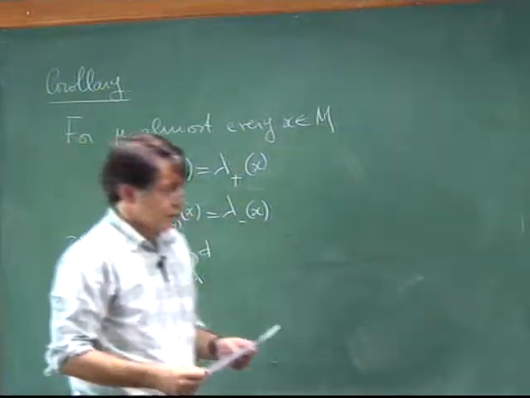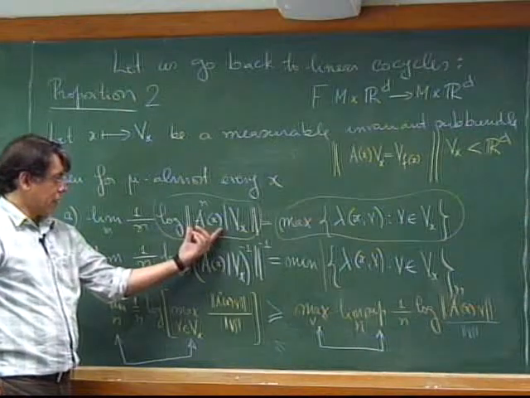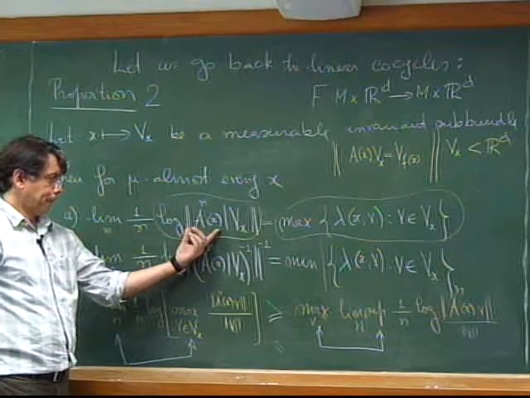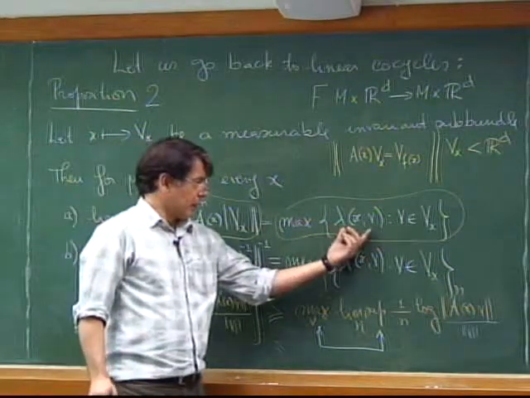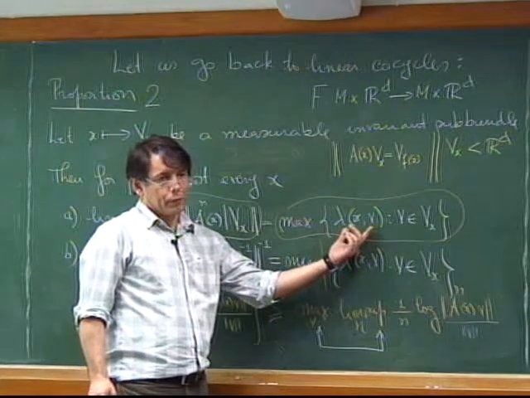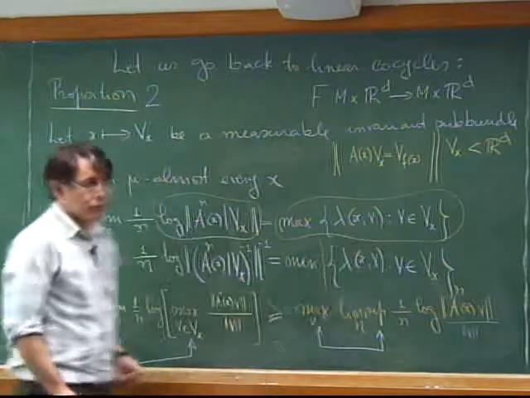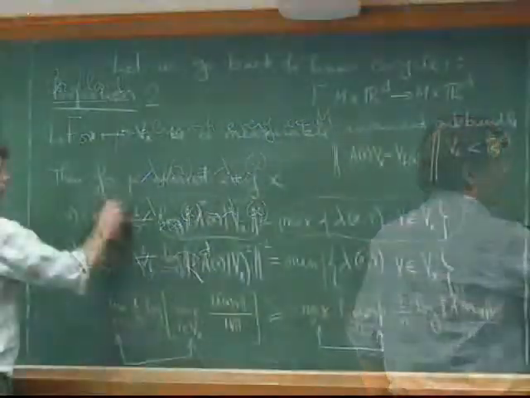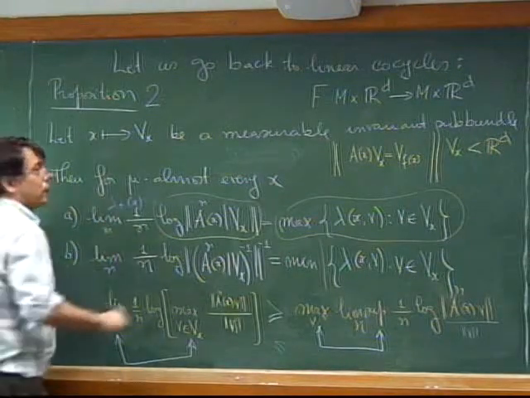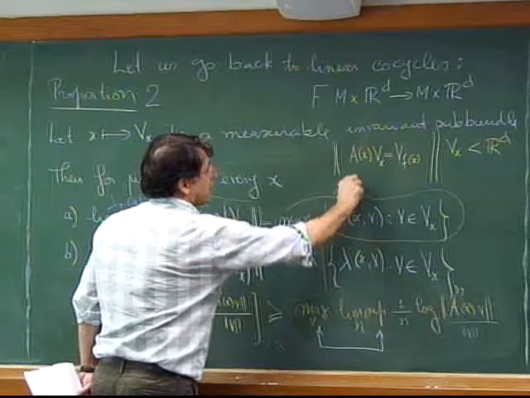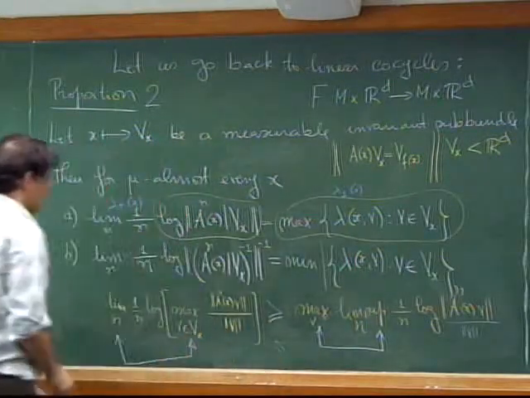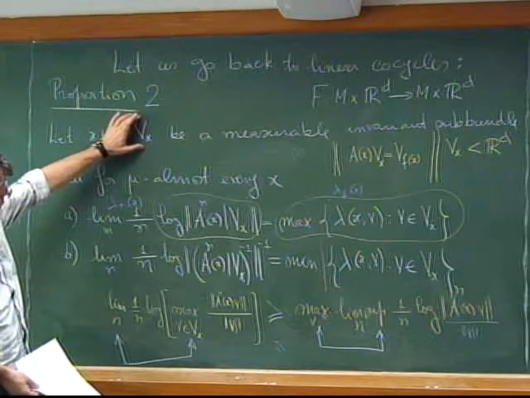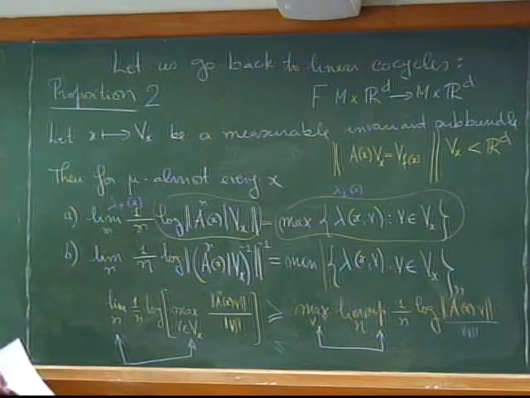Take Vx equals Rd. Then this side here is lambda plus. And this is the largest of the lambdas that I call lambda 1 by definition. So I don't have to do anything. This corresponds to lambda plus, and this corresponds to lambda 1. The only thing is that in this proposition I wrote a more specialized version, where this is restricted to any measurable invariant subbundle.